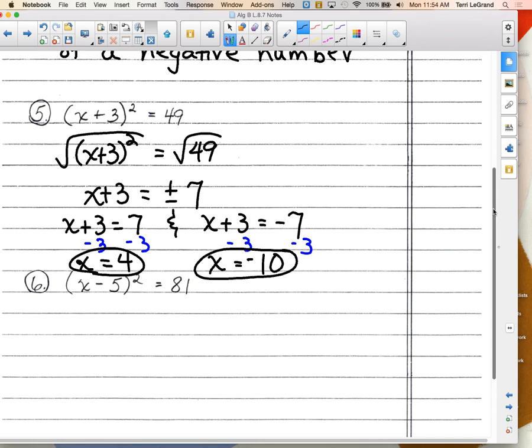X scale, 1. Okay, and then for the y min, we're going to put negative 100. And for the y max, we're going to put positive 20. And for the y scale, we're going to go by tens. Y scale 10. Graph.